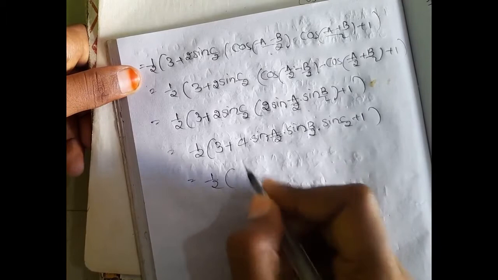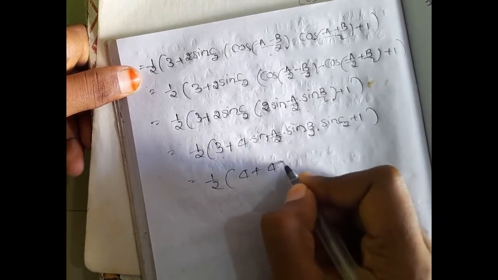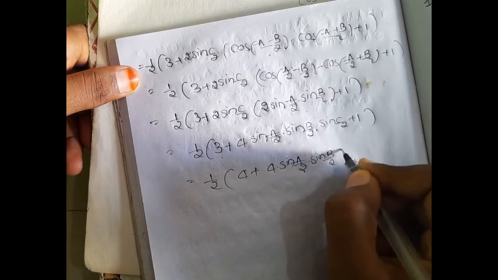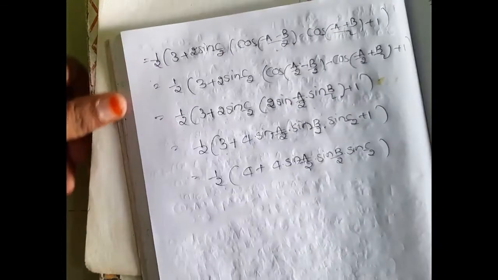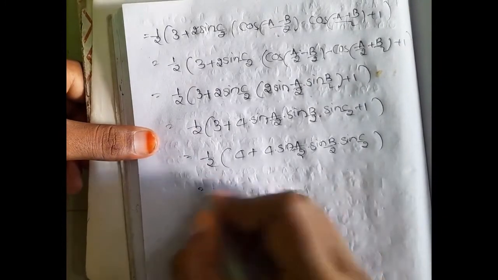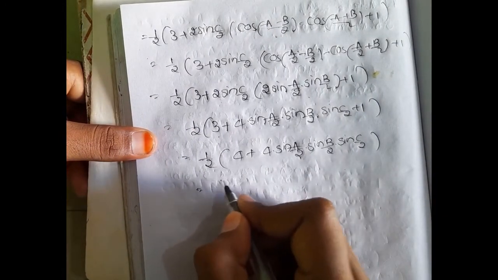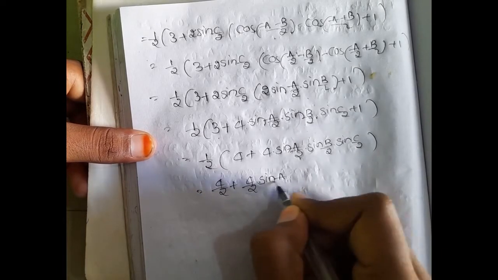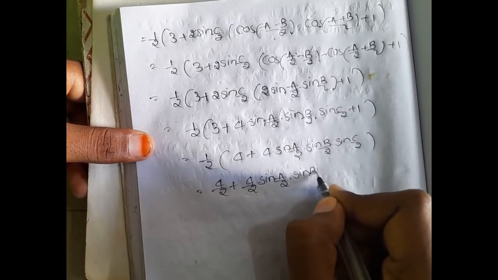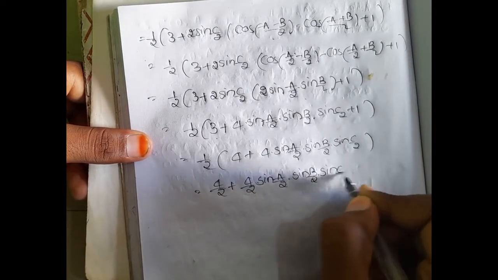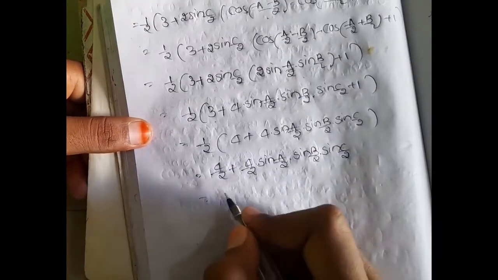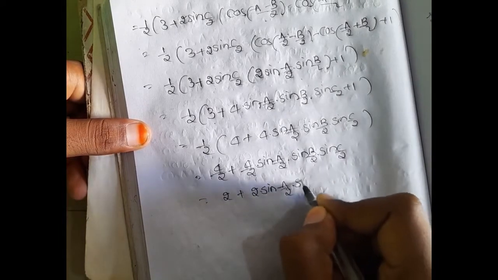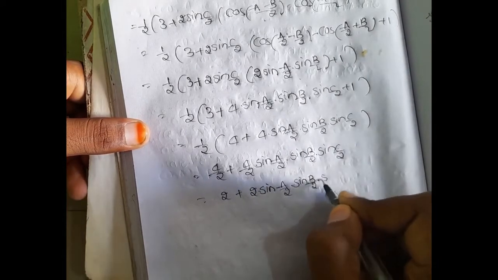Now 1 by 2, 3 plus 1, 4 plus 4 sin a by 2 sin b by 2 sin c by 2. Now dividing, which means multiplying 1 by 2, 4 by 2, 4 by 2 sin a by 2 sin b by 2 sin c by 2. 2 sin a by 2 sin b by 2 sin c by 2.